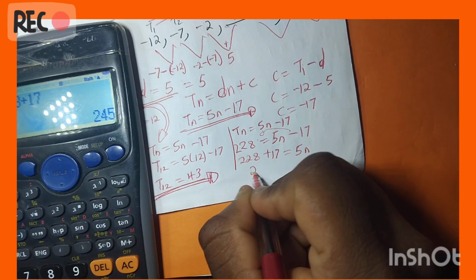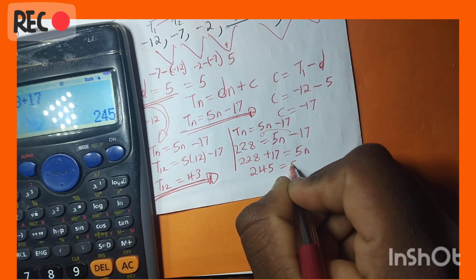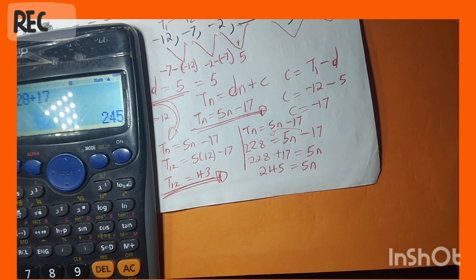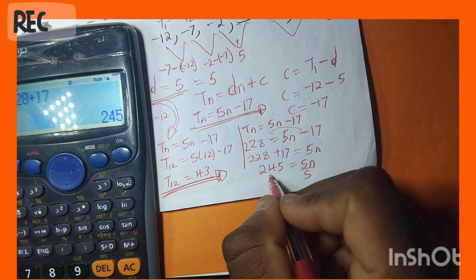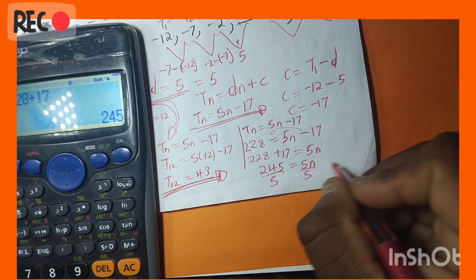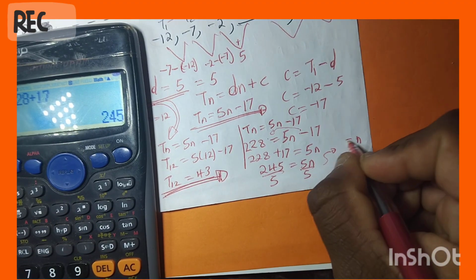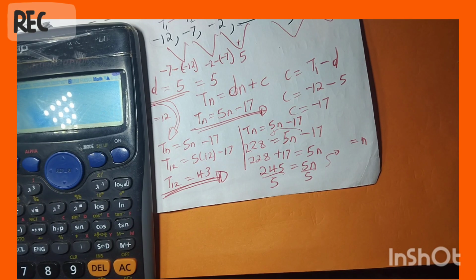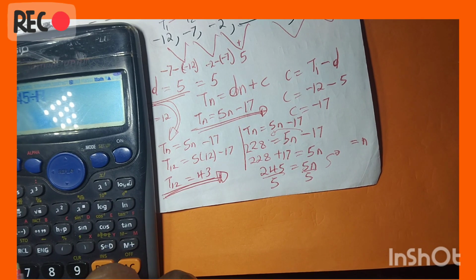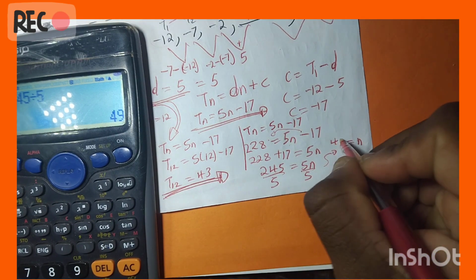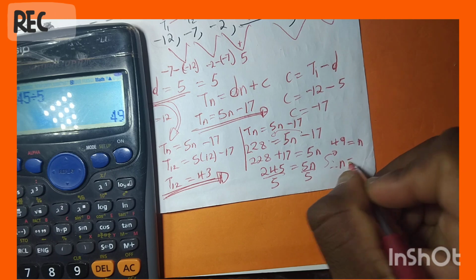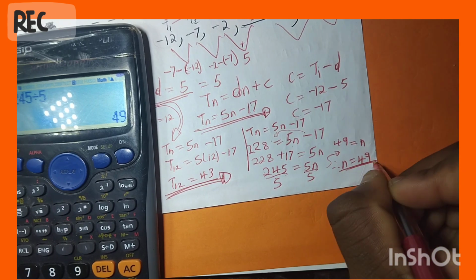Meaning here I'll get 5n. Do you see? Then I can divide both sides by 5. Meaning now my n value will be equal to that number divided by 5, which is 49. Therefore, n is equal to 49.